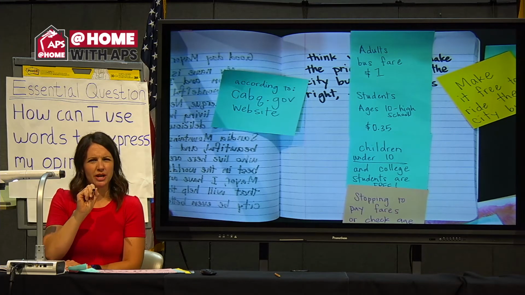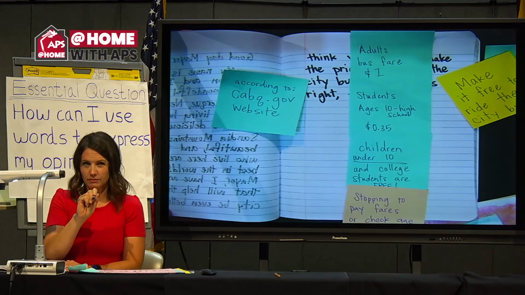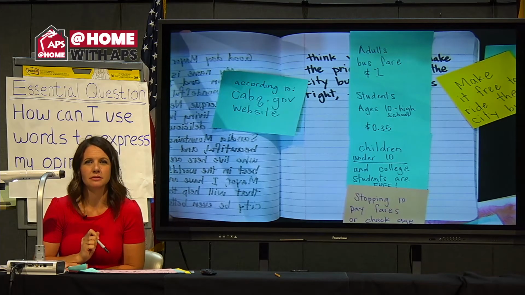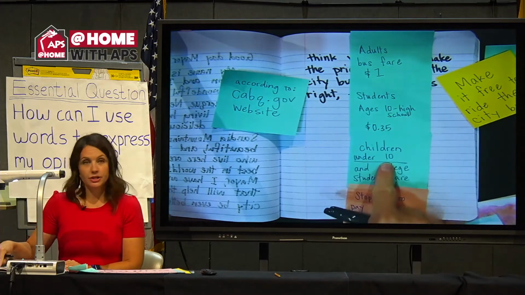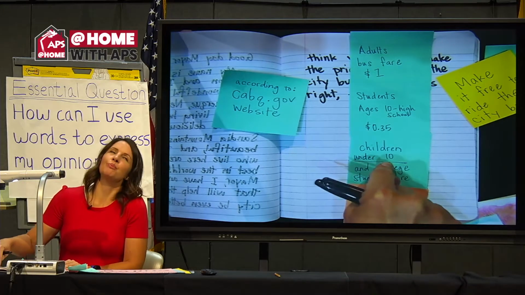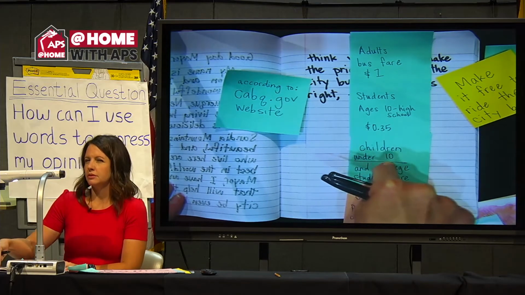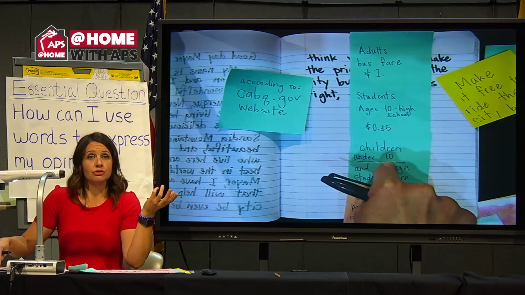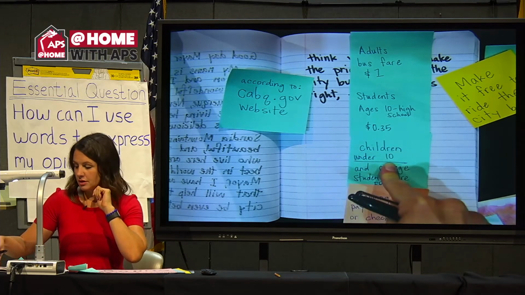There's a lot of different prices. So a bus driver will have to look at who's entering the bus. If they're obviously under 10 years old, they are free. So babies are free, 5-year-olds are free, but what if you're 9? The bus driver may have to look at you a little close.